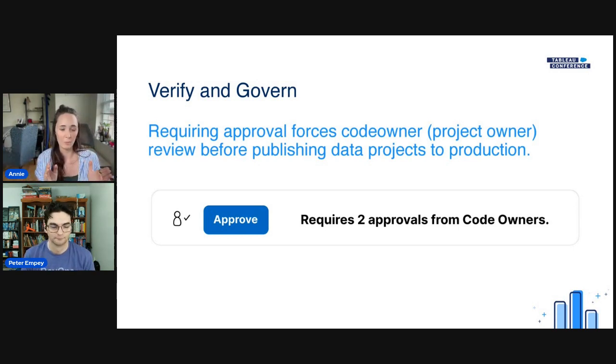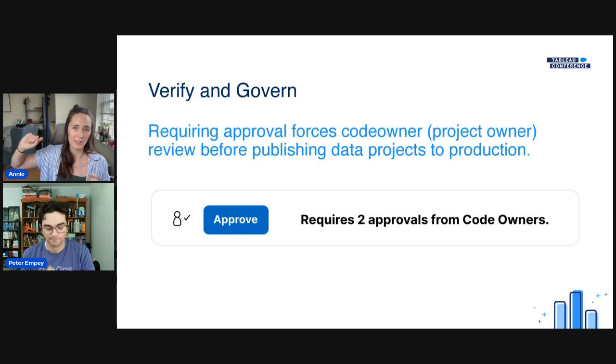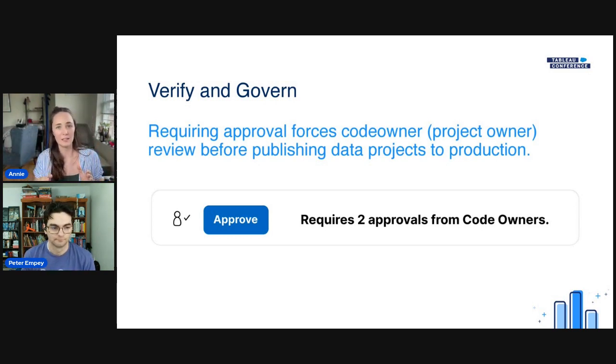So right now, Peter is, and you guys can ask questions about this if you want, but Peter's working on having it automatically published to production once it has those reviews. But right now, I'm an admin, so theoretically I can do whatever I want, but normal developers who are not admins cannot even publish things to production. So an admin will not publish your dashboard to production until you've gotten the necessary approvals of the project leaders.